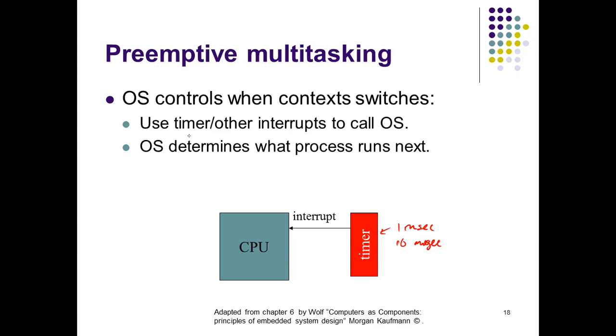Note that I've said here it uses a timer or other. Now, other could be a process. A process can still voluntarily go to sleep. It can finish what it's doing and say, I'm done, take back the CPU. Or it could be, any other suggestions? What could be another? Yeah, an external interrupt of any form.